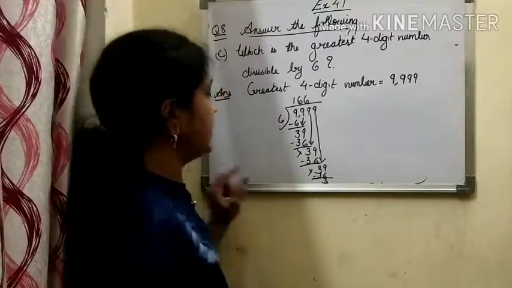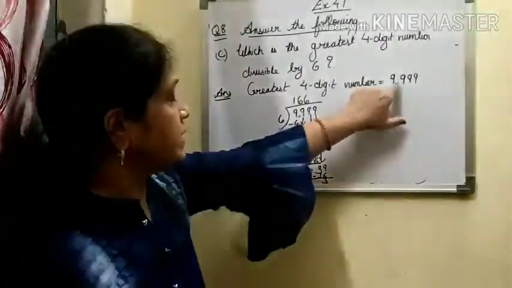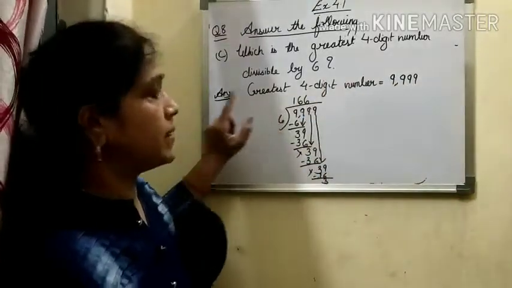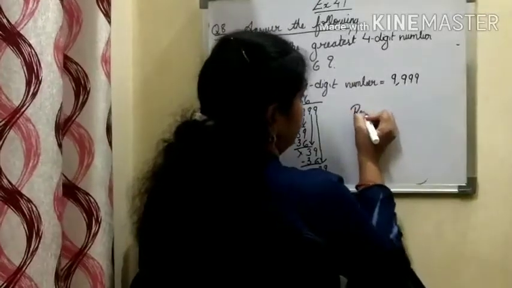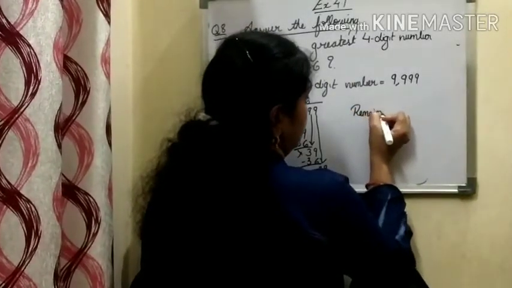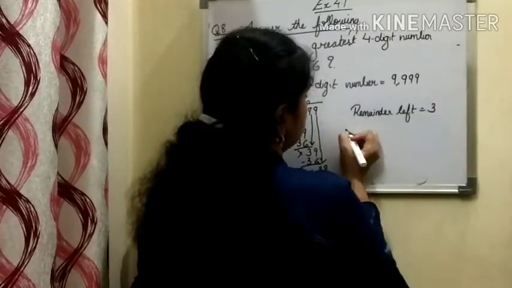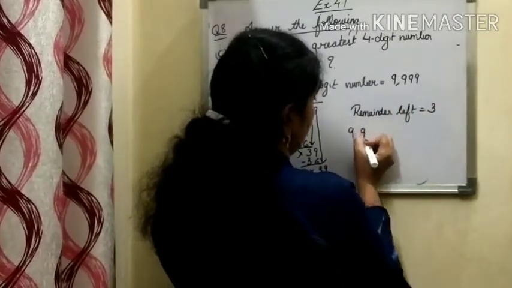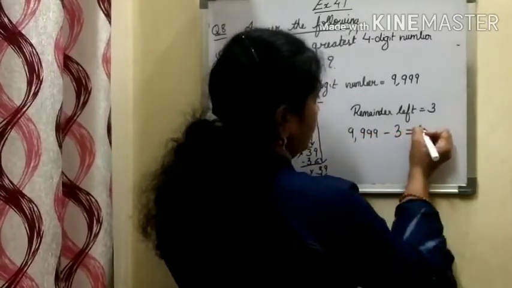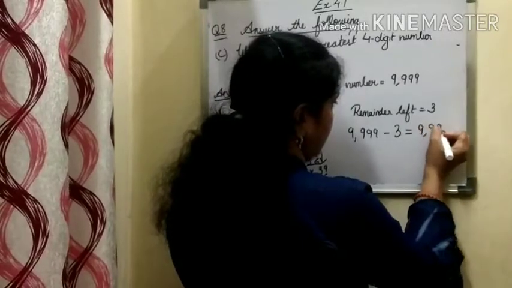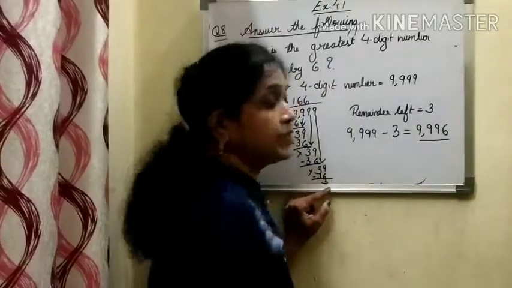Now when I divided it, I found that the remainder left is 3. So to make 9999 divisible by 6, we have to subtract the remainder. Now subtract: the greatest 4-digit number minus 3 gives 9996. And this number will be divisible by 6.